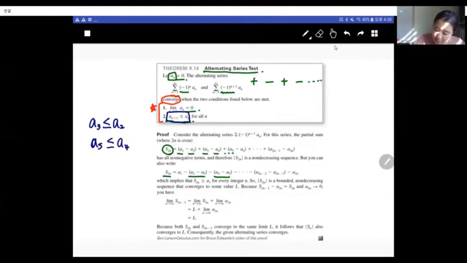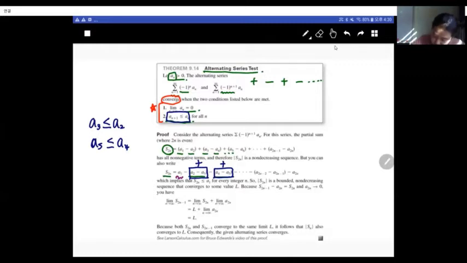That means a2 minus a3 is positive, and a4 minus a5 is also positive. So pretty much what I'm doing here is subtracting something positive from a1, and I keep subtracting something positive.